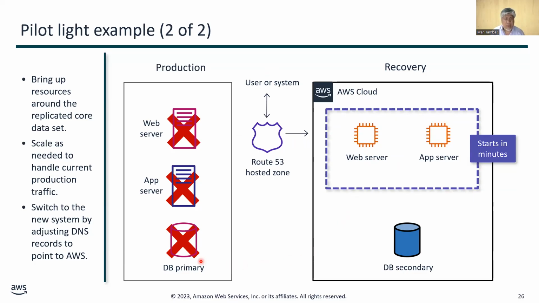Your primary is down, the secondary will be promoted, and it has the same data as before the primary went down. So this is how you can make your recovery a bit cheaper, because it's not running when it's not necessary.